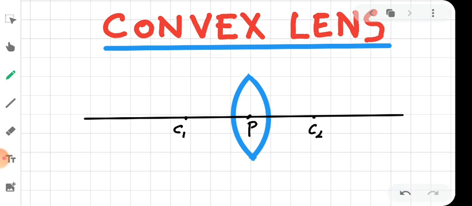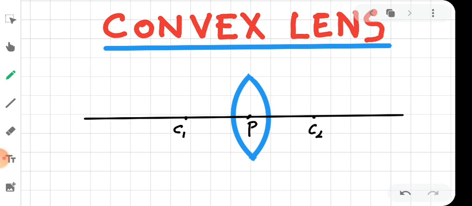From an object, even from a point source, the number of rays emanating is infinite, but we do not need all of those, because all the rays may go to different places. We are only interested in those rays which go through the lens. That itself is an infinite number, but we only care about four particular types of rays.